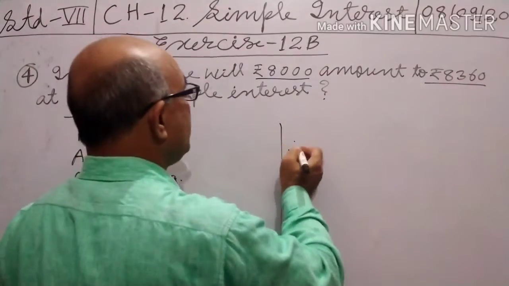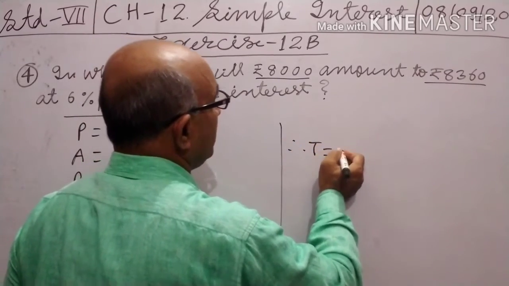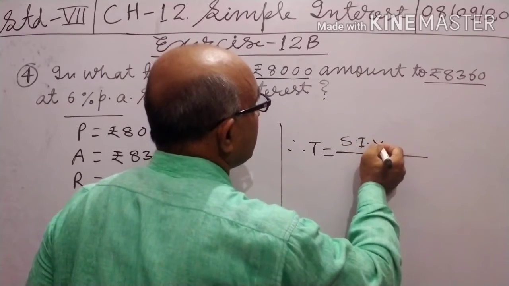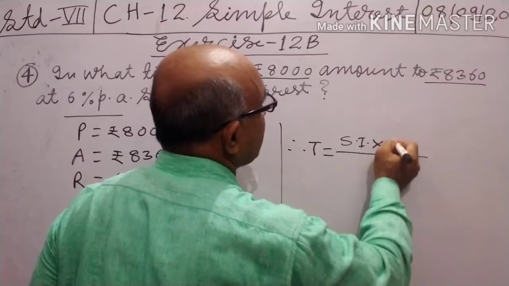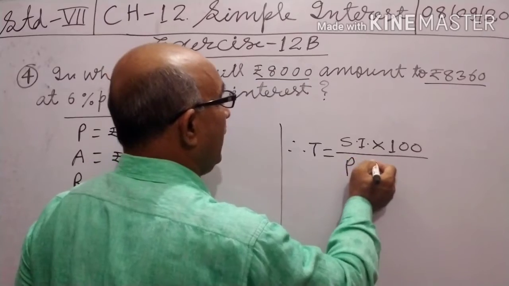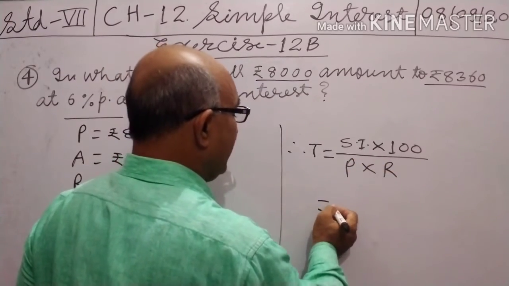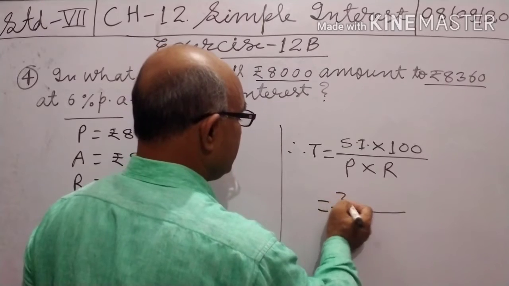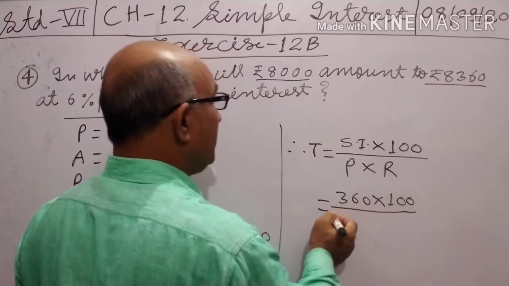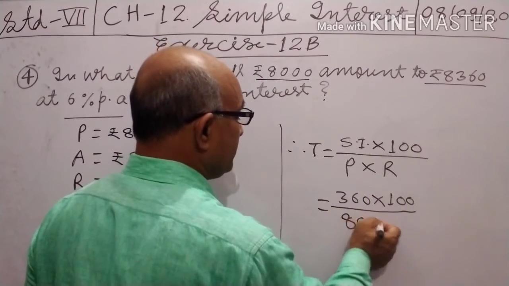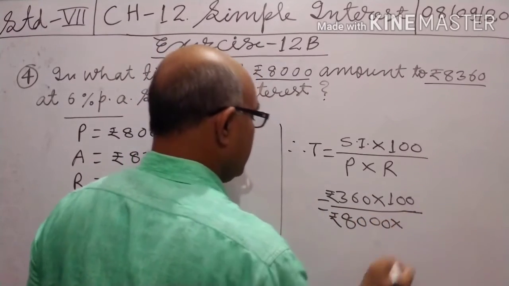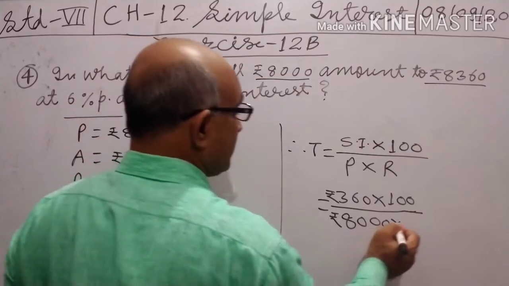Students, now find T equal to formula SI into 100 by P into R. SI is 360 into 100 by P into R. P rupees 8,000 into R. R is 6%.